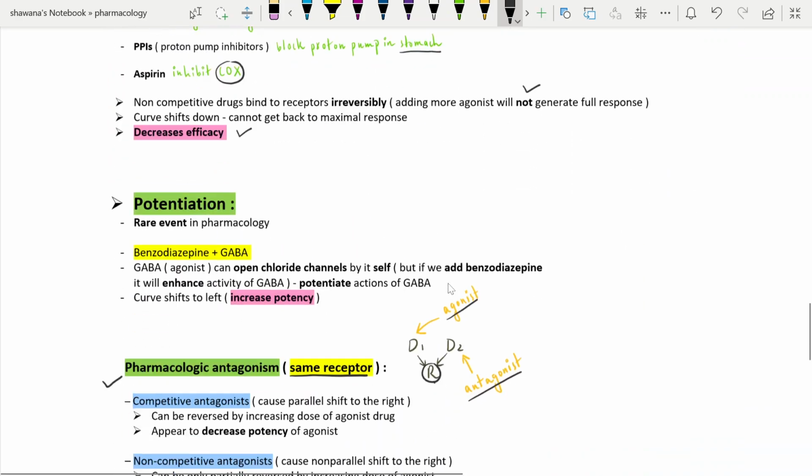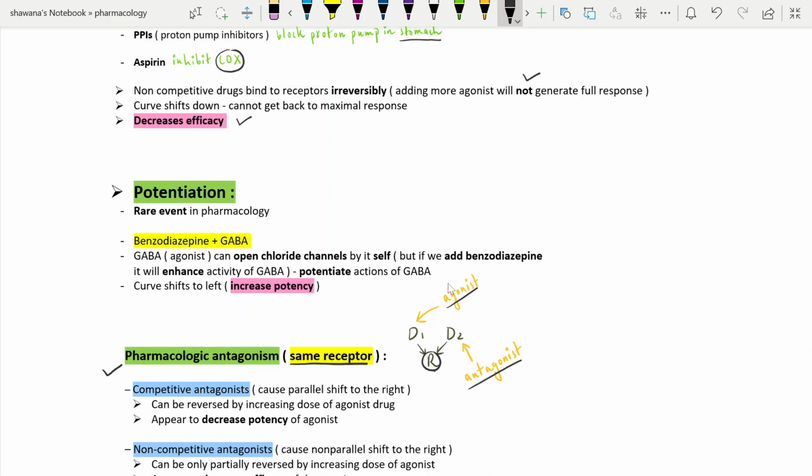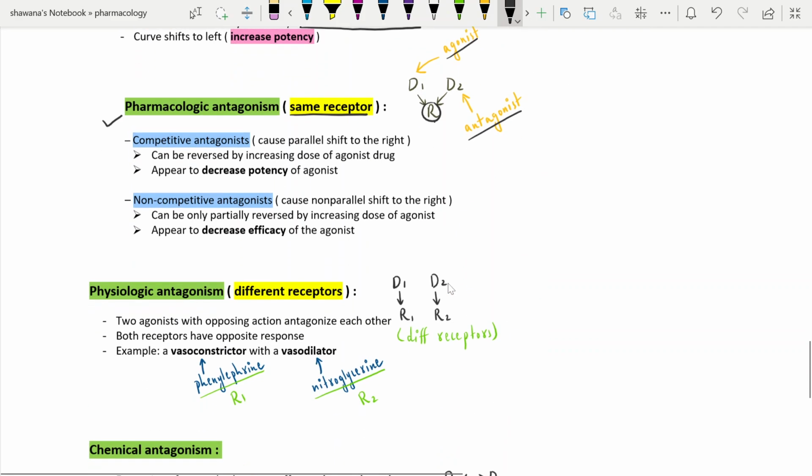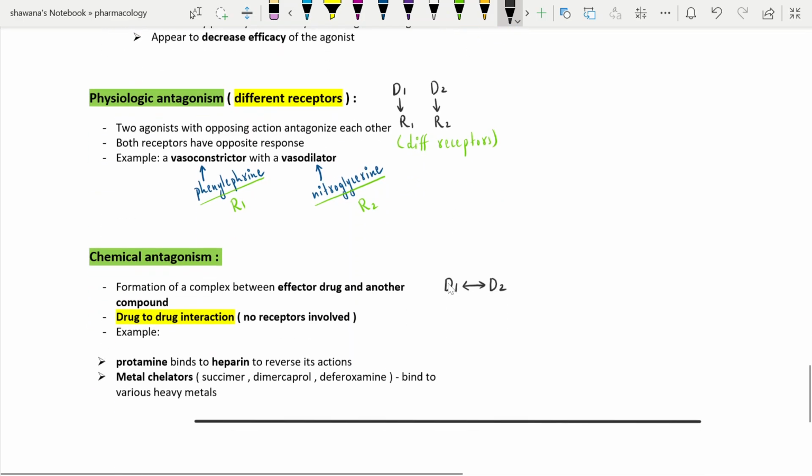Potency will be increased in this case. The curve will shift to the left. It means that the potency of that system is being increased. It's like we are providing some more power to the drug that we are already using.